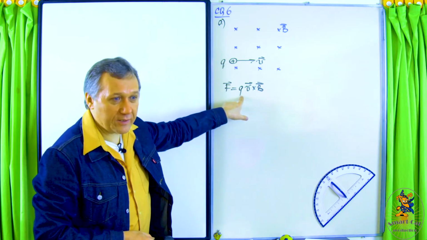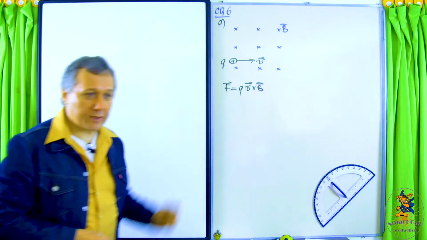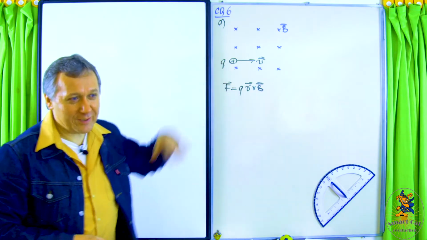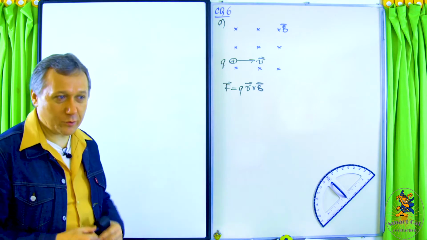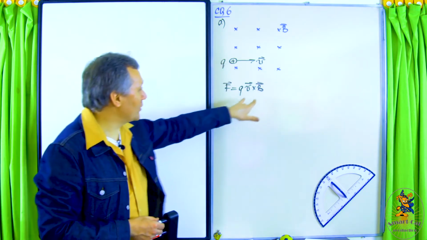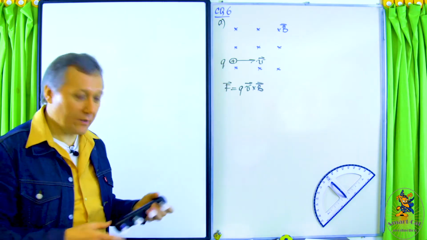But if the charge is negative, then you need to flip this direction to the opposite one to get the correct direction of the force. So be careful, don't forget, because even in the final exam, some students make that silly mistake when they forget to check the sign. In our case, the charge is positive. So the direction of V cross B gives us the direction of the force.